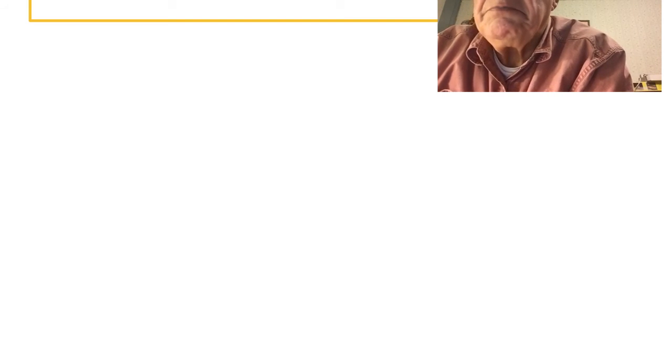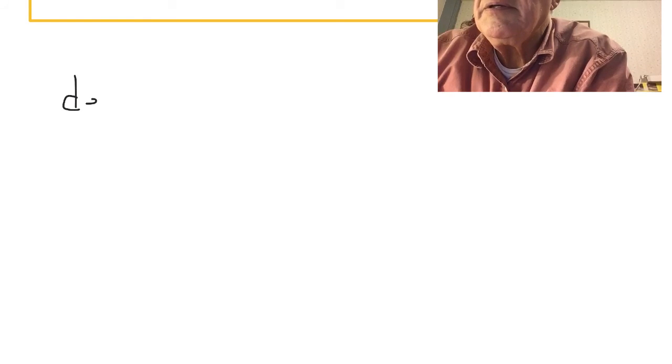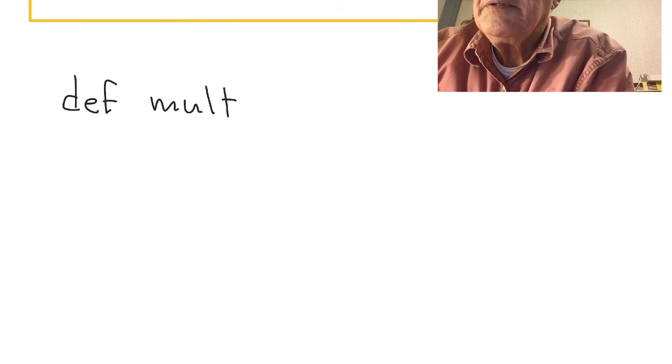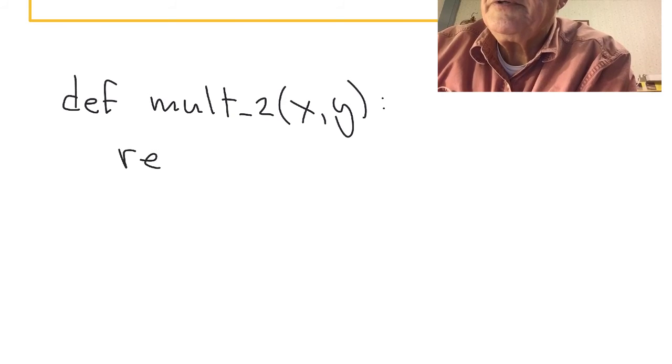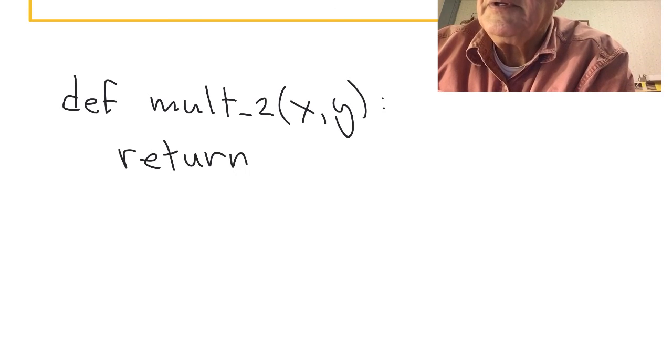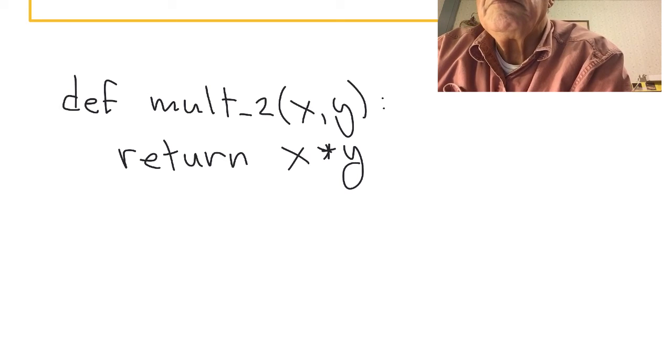So if I have a function like the one we did earlier, multiply, we'll call it mult2, x comma y colon, return x times y. Simple function. It just takes two arguments, calculates the product, and returns it.